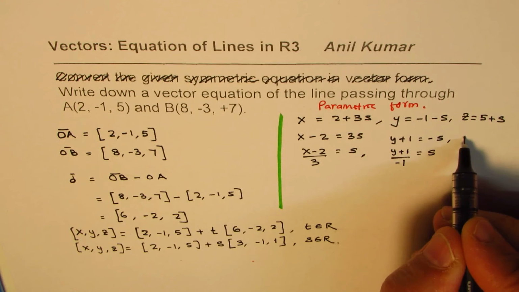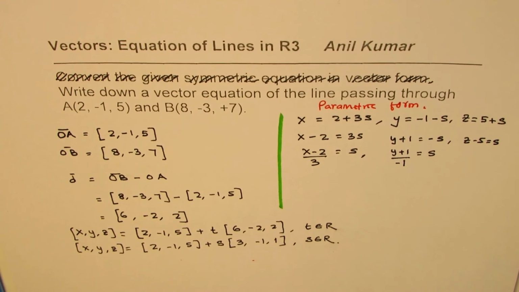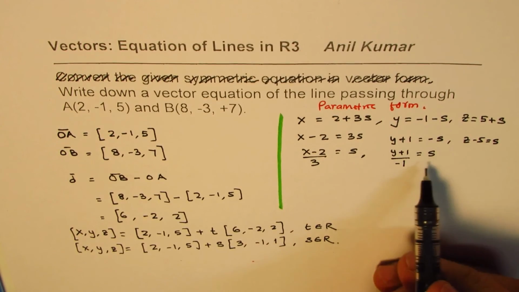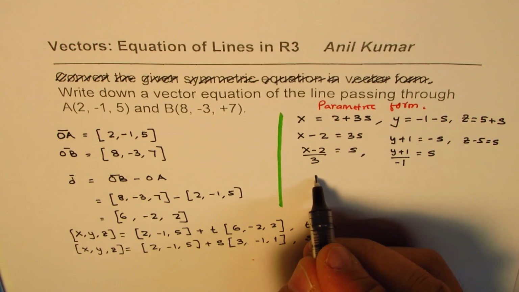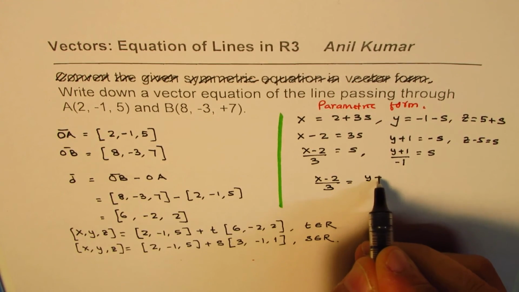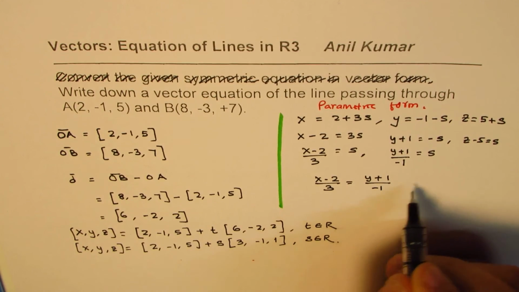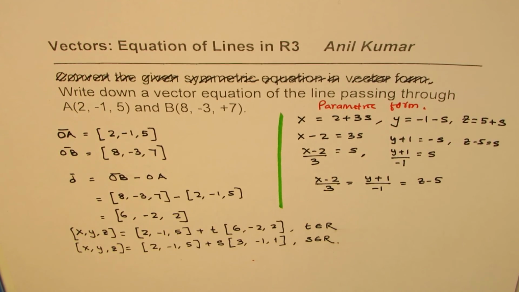In this case, we could write z minus 5 equals s, right? So now all these are s. So we could write this as (x minus 2) over 3 equals (y plus 1) over minus 1, which equals z minus 5. And that becomes the symmetric form.